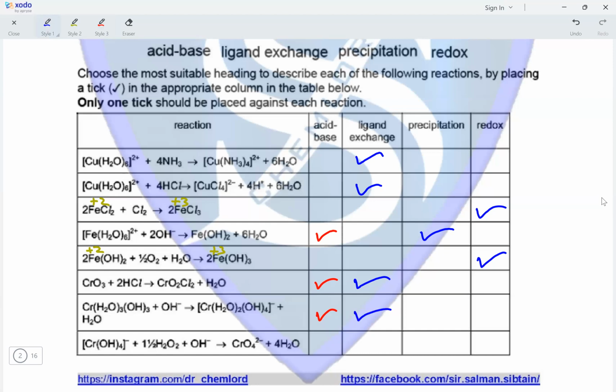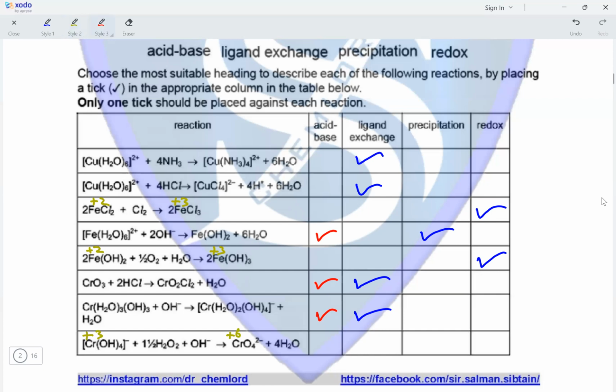And in the last equation, we have Cr(OH)4 negative reacting with H2O2 and OH negative to produce CrO4 2 minus and 4H2O. So here we can see that the charge on the chromium ion is plus 3 on the reactant side and plus 6 on the product side.